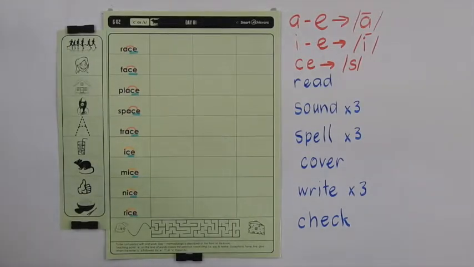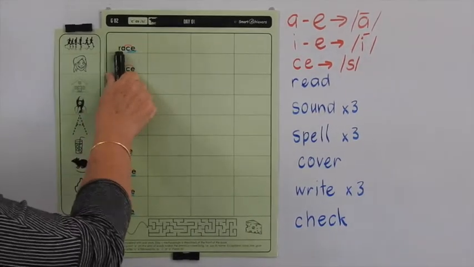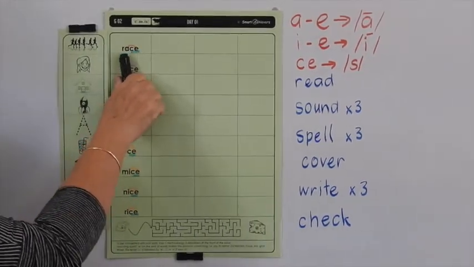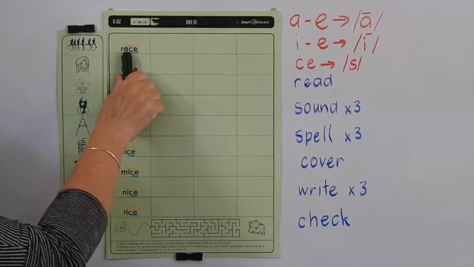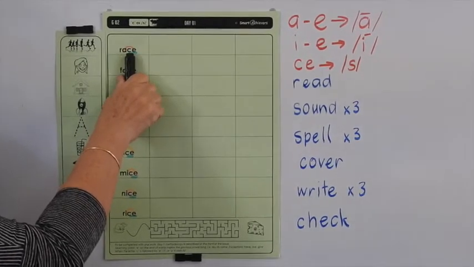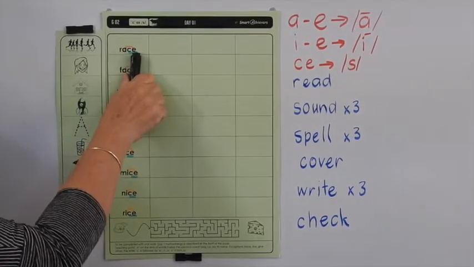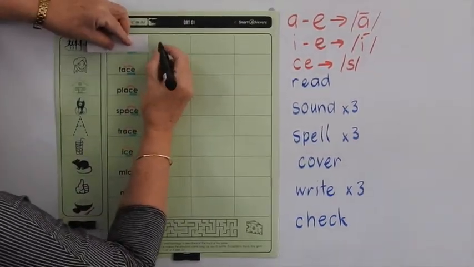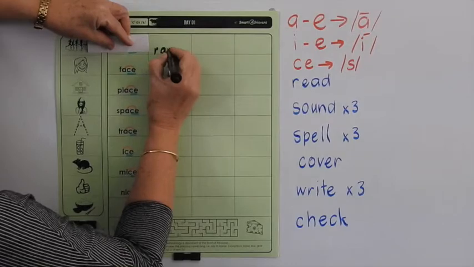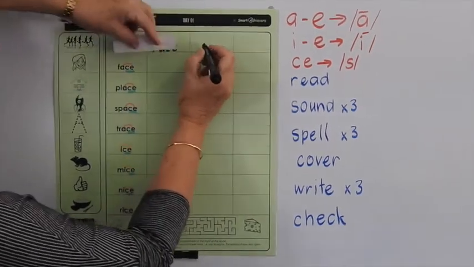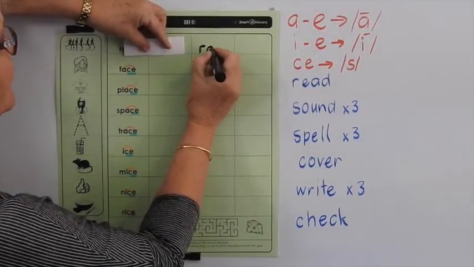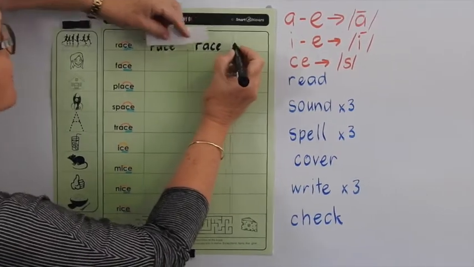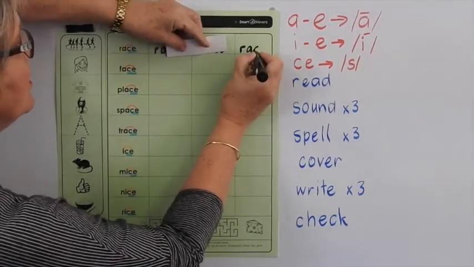So we're going to go race. R-A-C-E, R-A-C-E, R-A-C-E. Cover it and write it 3 times if you can. Just have a little look to make sure you're spelling it correctly as you go.